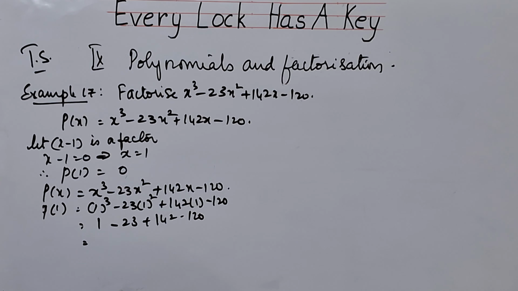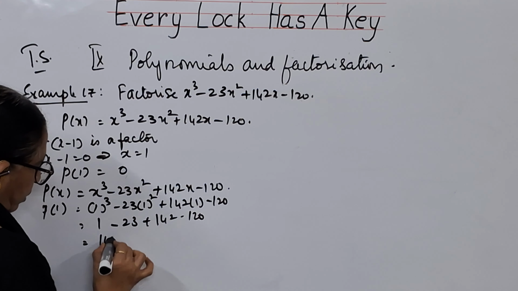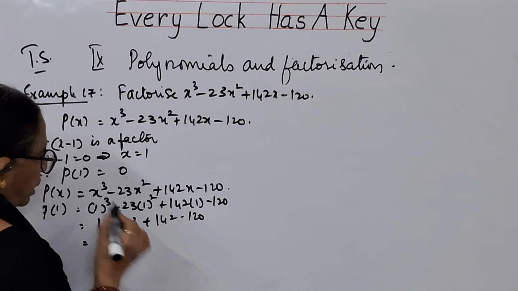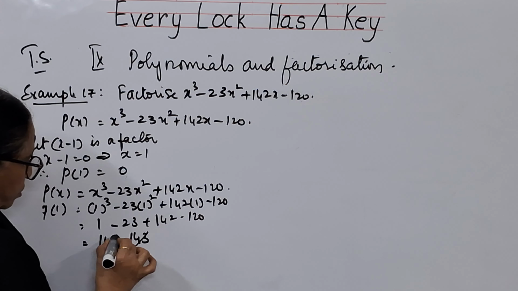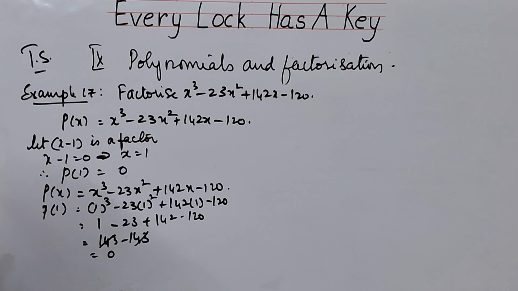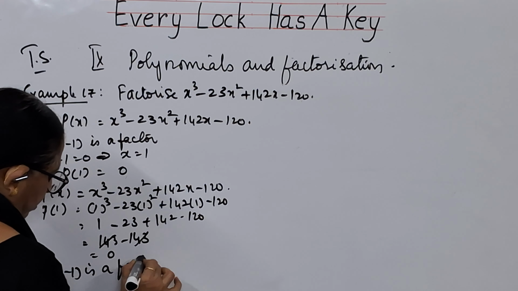So, how much are you getting, children? 1 and 142 are positive signs. If you add, 143; 120 and 23, 143. 143 minus 143, so both are cancelled. We are getting 0. That means x minus 1 is a factor.